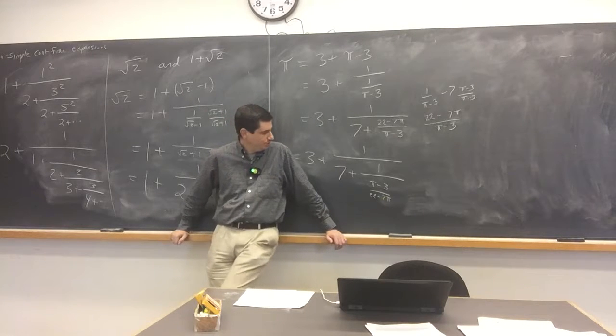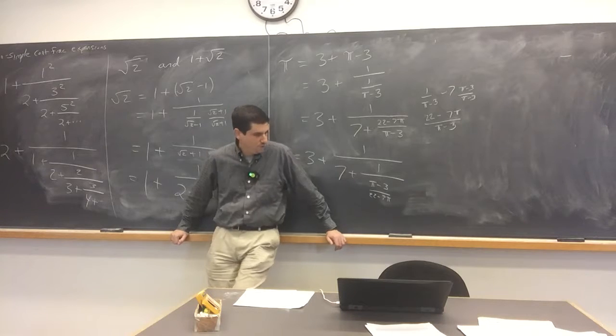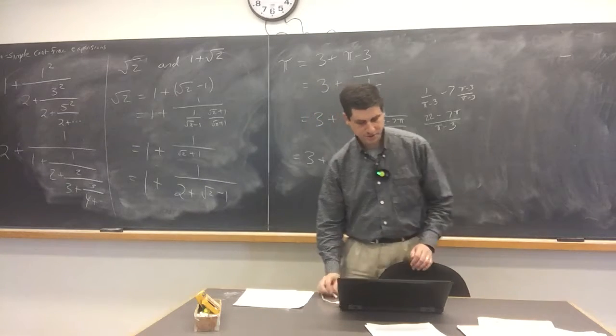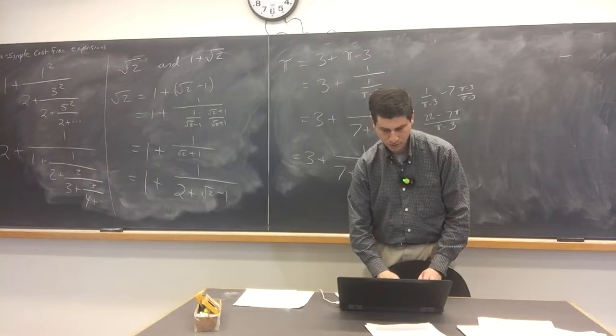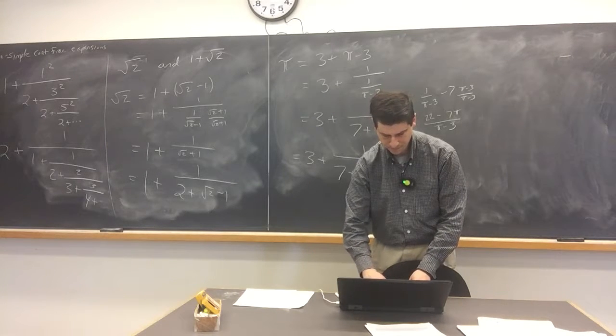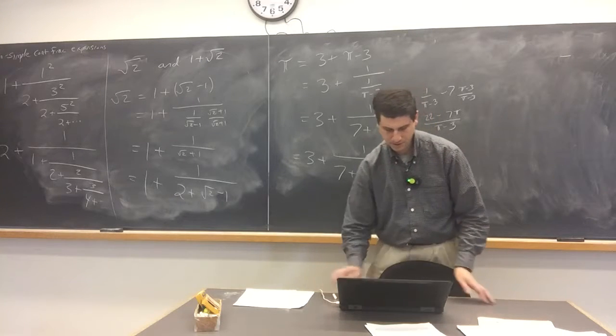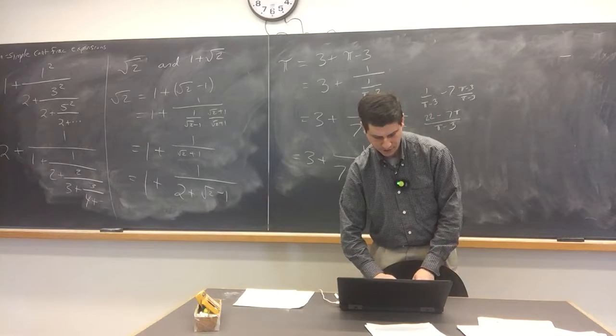Now this is getting a little bit more involved. So first we can just numerically approximate this. So we want 1 over this. So 1 divided by that, and then we get the numerical value.